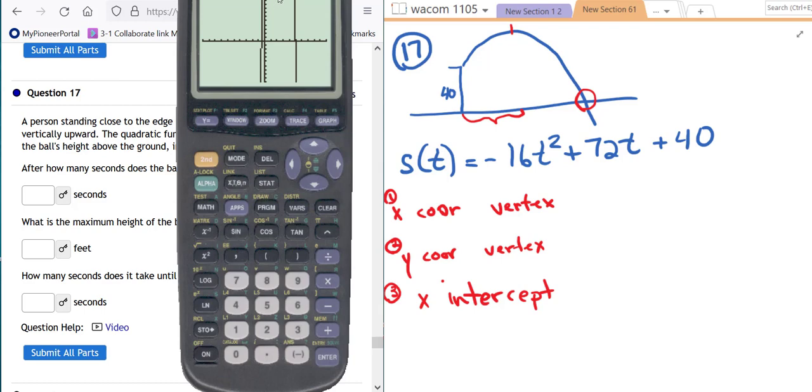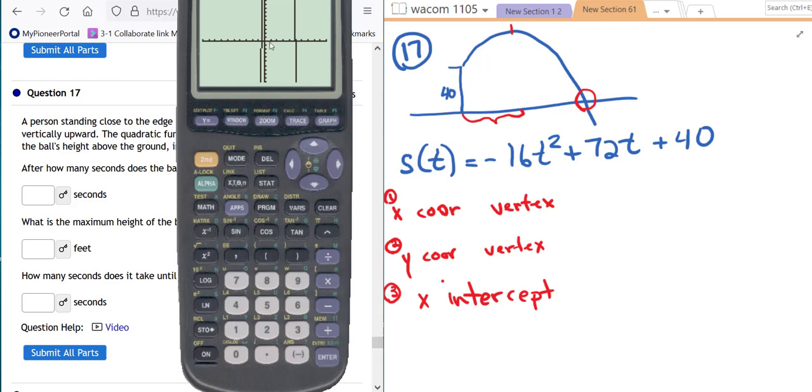The other thing I'm going to need is that x-intercept, so I can kind of see that. I wonder if I have a different scale in here. Let's see what my window is. No, I'm good there. All right, so let's go ahead and look at this answer for the x-intercept for a second.